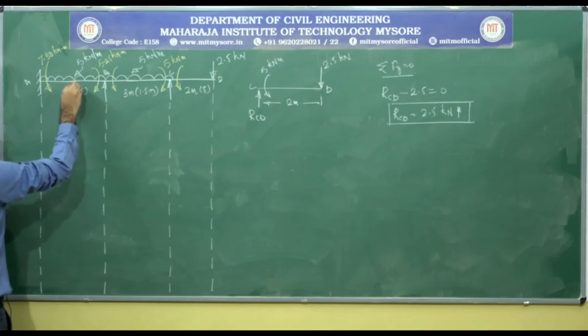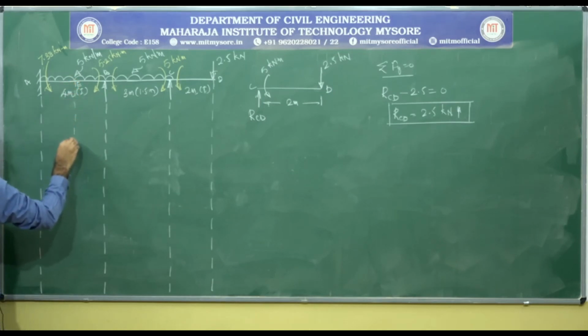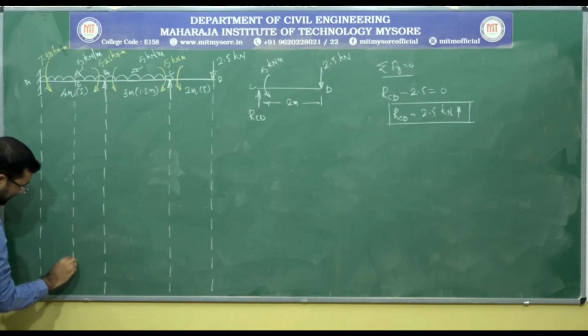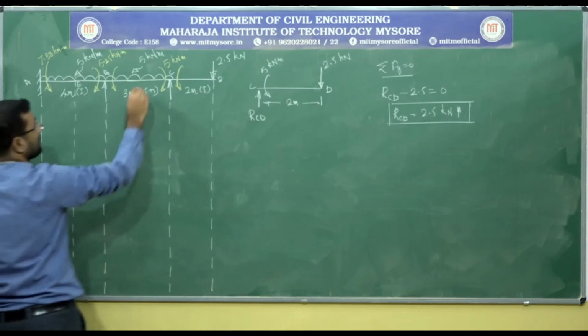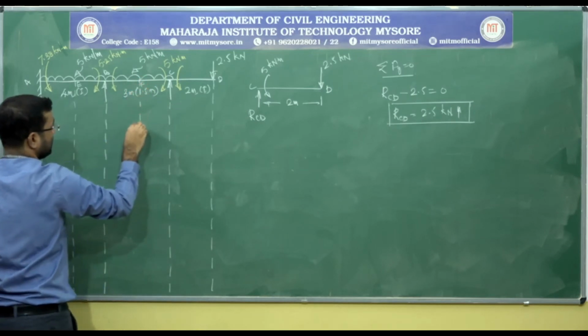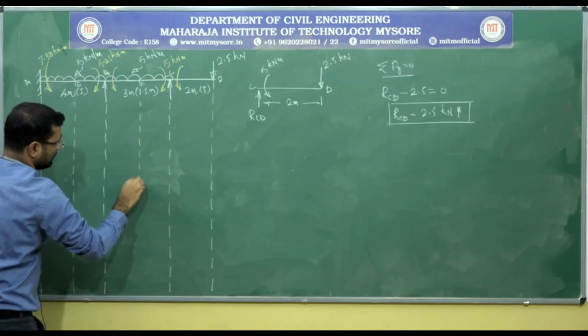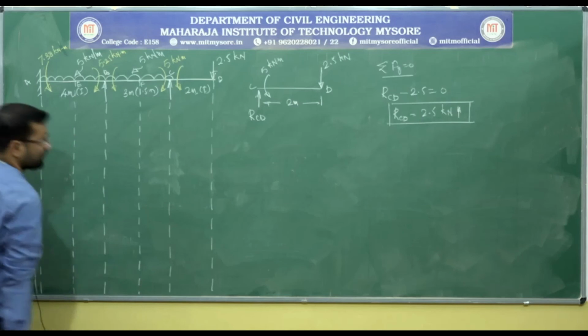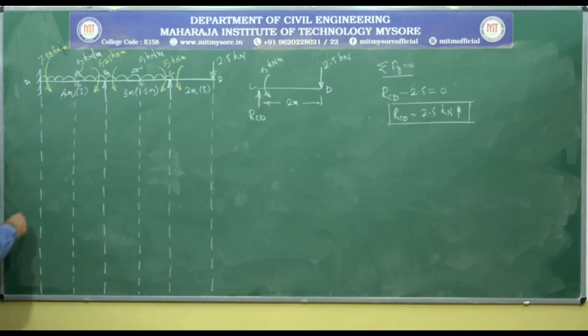Somewhere here we have the point E, where we have the maximum positive bending moment in the span AB, and similarly somewhere here we have a point F, where we have the maximum positive bending moment in that particular span, right.